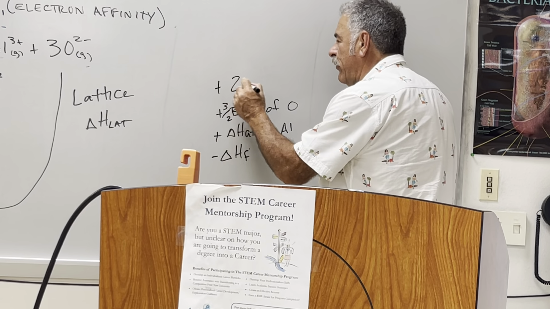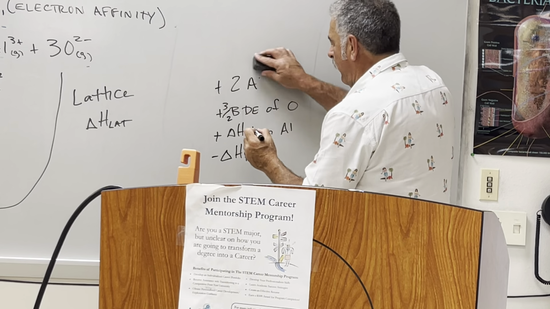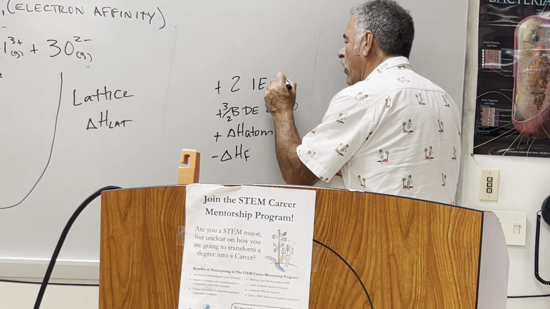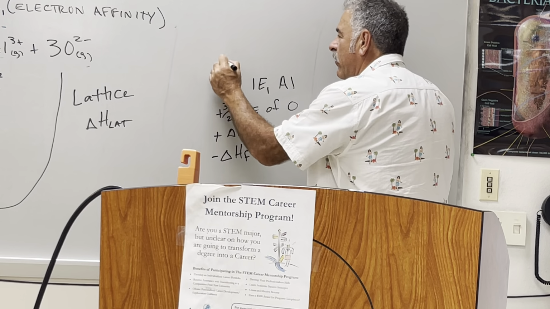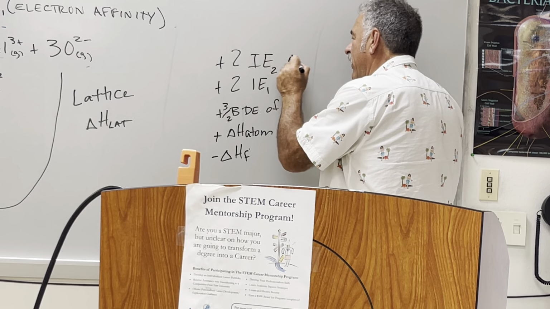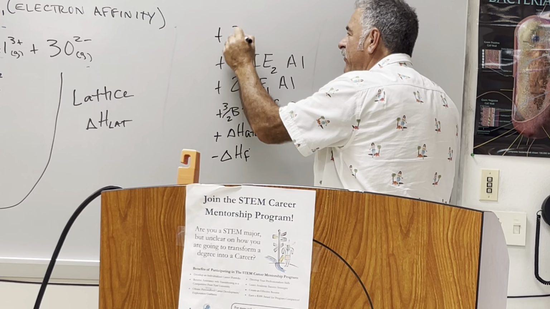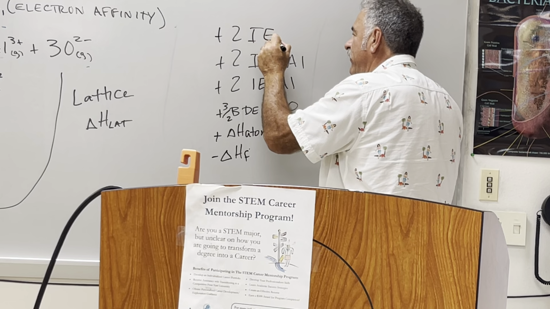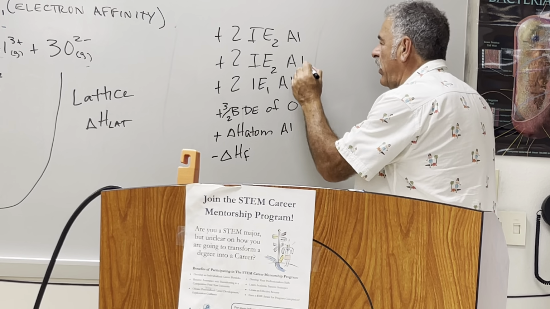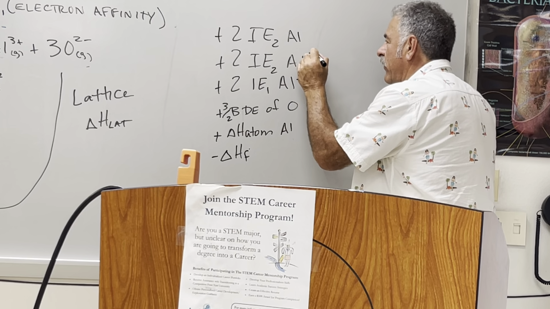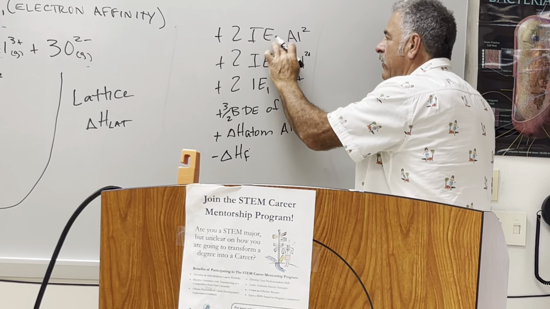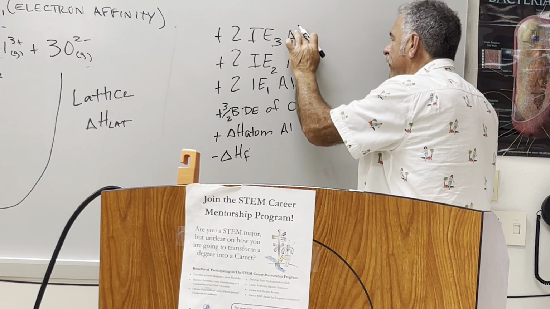Then we're going to do 2 ionization energies for aluminum, plus 2 ionization energies of aluminum, plus 2 ionization energies of aluminum, and that gives us aluminum 3 plus. Wait, why did you do 2 IE2 twice? He meant to put a 3. Oh, okay. Sorry.